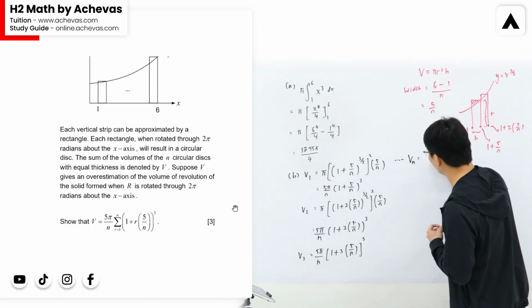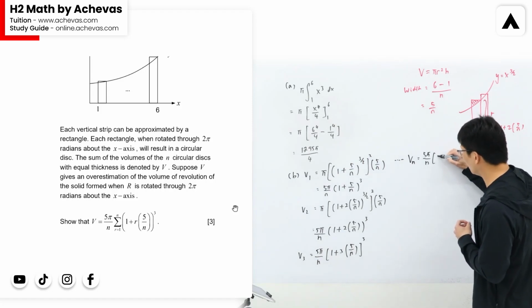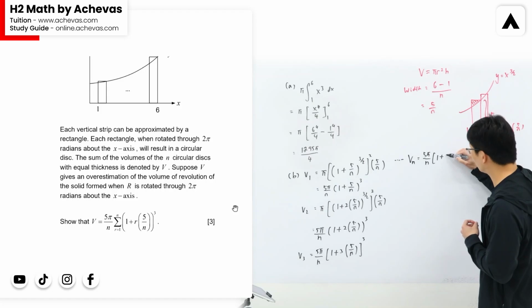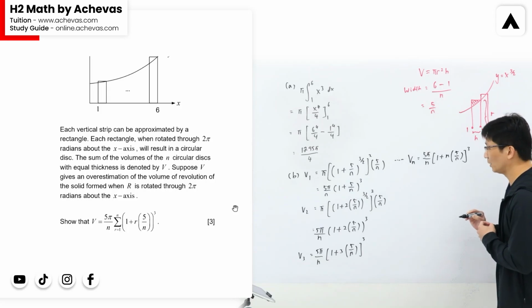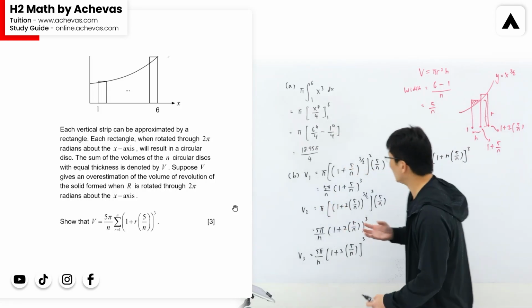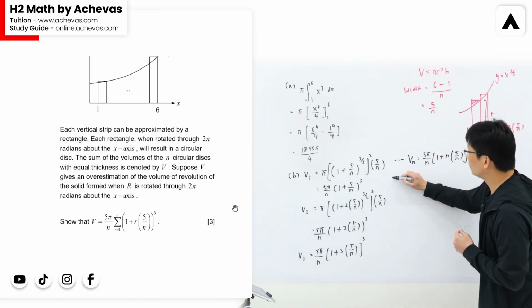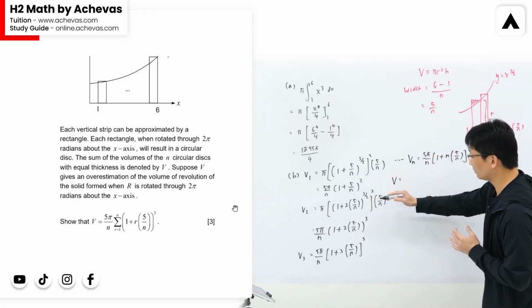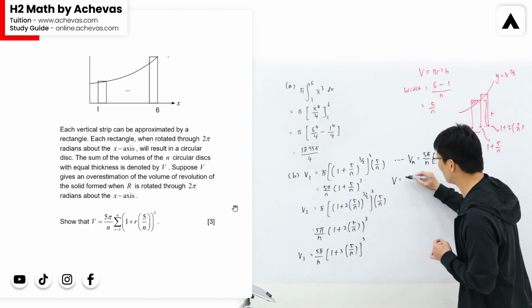It will be equal to 5 pi over n, and this will be 1 plus n bracket 5 over n, to the power of 3. So the estimated volume will be adding up all these strips. V will be equal to V1 plus V2 plus V3 until Vn. So we're going to write down all these terms here.